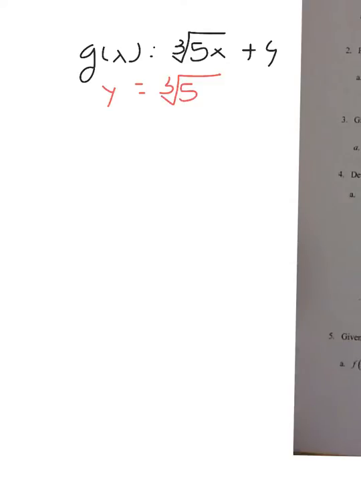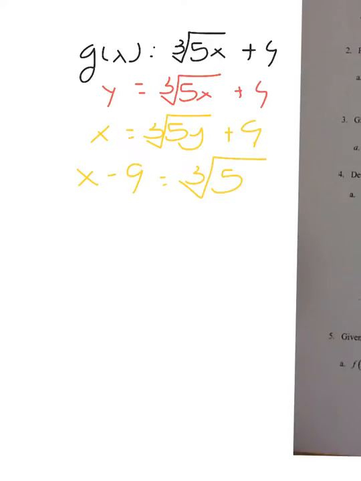All right, so g of x is equal to the cube root of 5x, and then I have plus 9. So this is y equals the cube root of 5x plus 9. Switch x and y for the inverse. X equals the cube root of 5y plus 9. So the first thing we need to do is subtract 9. So it's x minus 9 equals the cube root of 5y. To get rid of a cube root, you cube both sides.